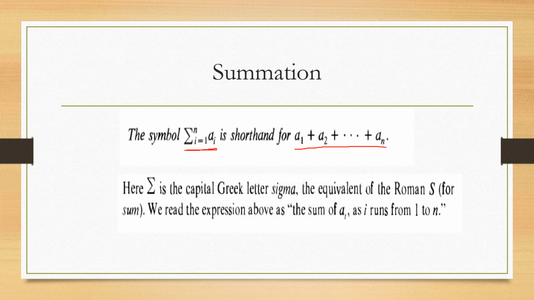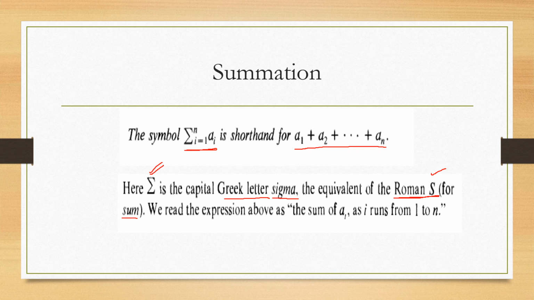This symbol, which is used above, is the Greek letter known as sigma. This letter is equivalent to the Roman letter S, which we use in our daily life, and this S is used for sum.